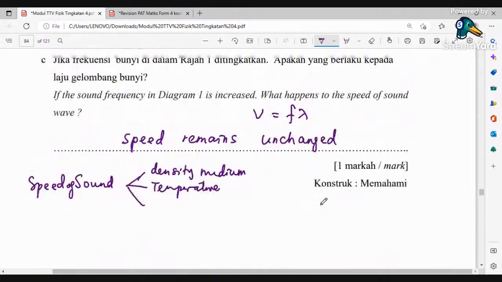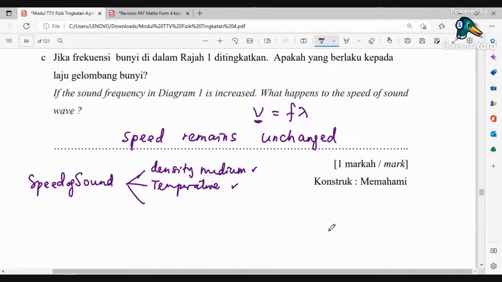Okay, the only that change is wavelength. Wavelength sahaja yang change. Speed, kalau you mention change in the medium, okay, factor that affect density of medium like temperature, arrangement of molecule, mass of molecule, then only the speed will change. Okay.